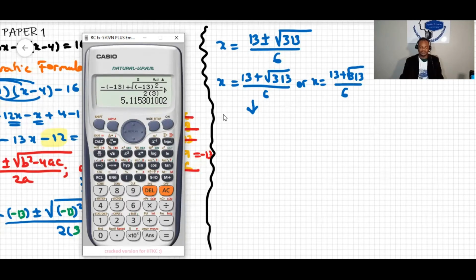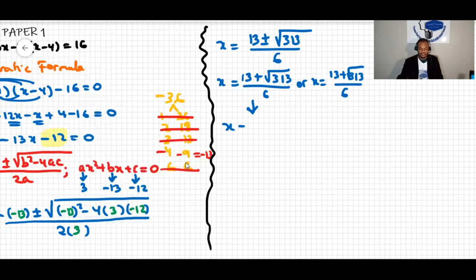We're going to set it correct to the second decimal place. We must look at the third decimal value. In this case, it's 5. Because it is 5, we will increase the second decimal place by 1 unit, so it's going to be 5.12. So x will be equal to 5.12.